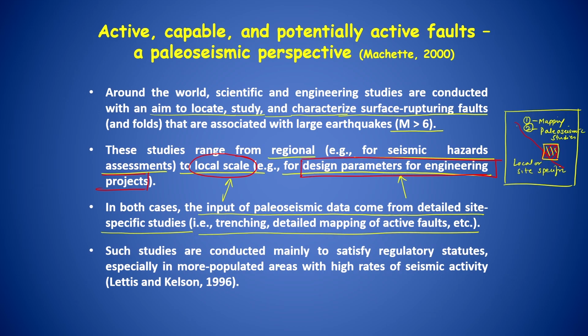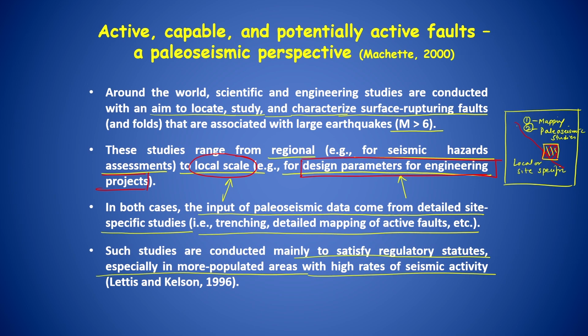Now, such studies are conducted mainly to satisfy regulatory statutes, especially in thickly populated areas with a high rate of seismic activity. Such areas are there in India at various locations, and that part we have discussed in previous lectures. So, this has to be done when we are talking about active faults.